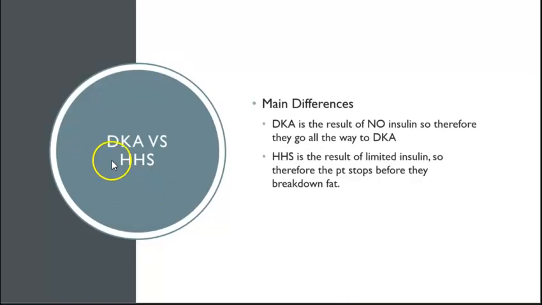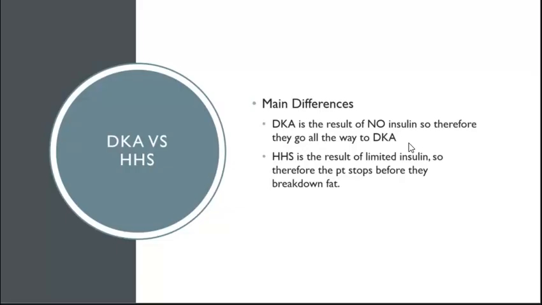Now, what's the difference between DKA and HHS? DKA is type 1, has ketones, and it has metabolic acidosis. HHS is type 2, and it's likely from dehydration. Sugars are higher. We need to treat with fluids and insulin. DKA is the result of no insulin, so therefore you go all the way into acidosis.